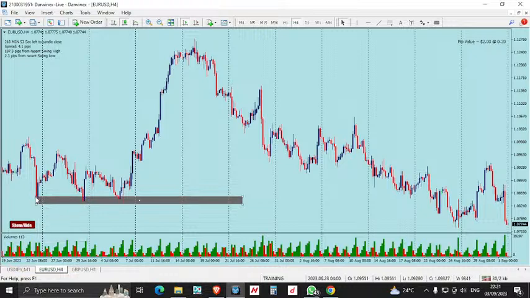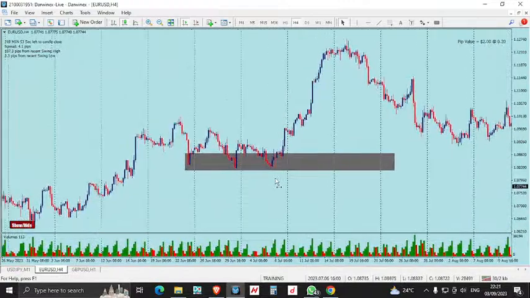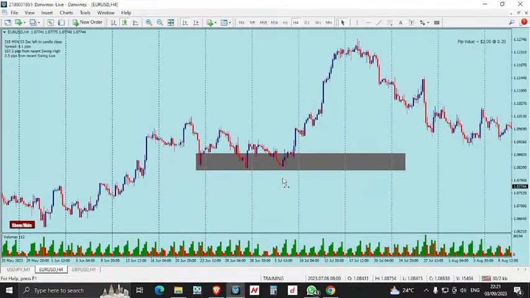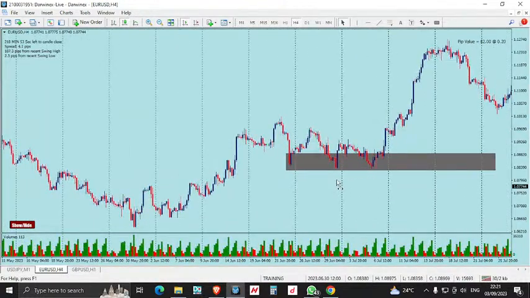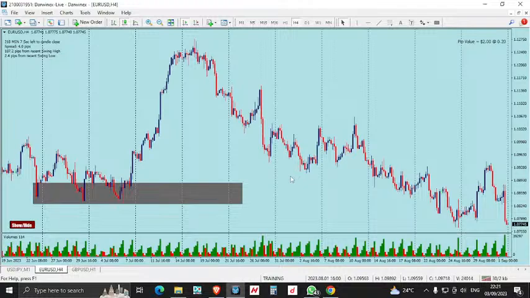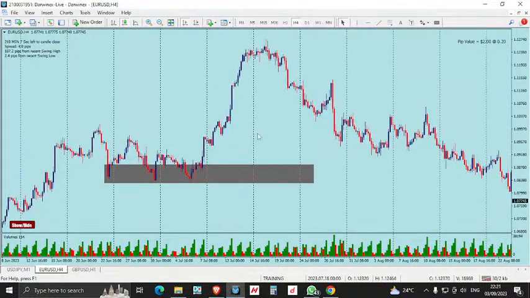I marked an important area of interest here, so we can mark it as a zone. We can pull it up here. Anytime it comes here, but before we do anything, we must wait for the market to make what we call a break of structure.